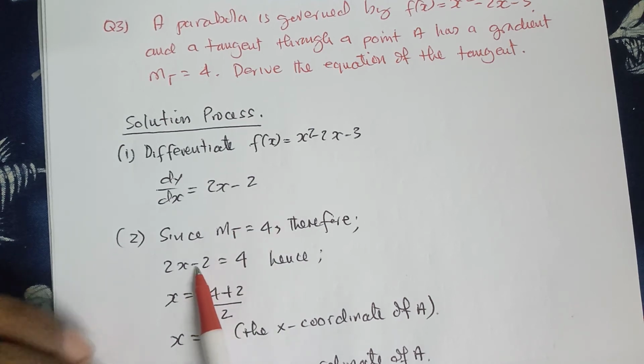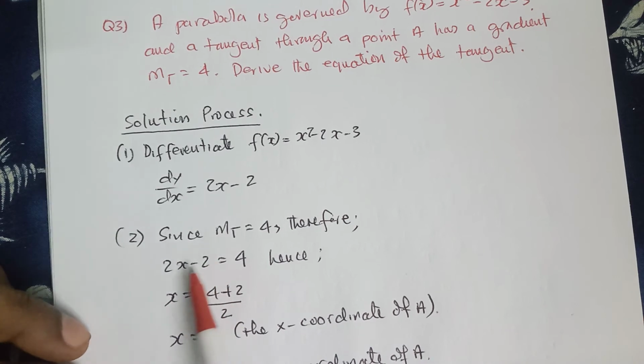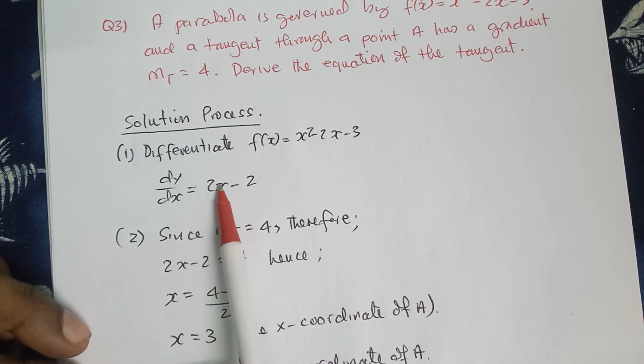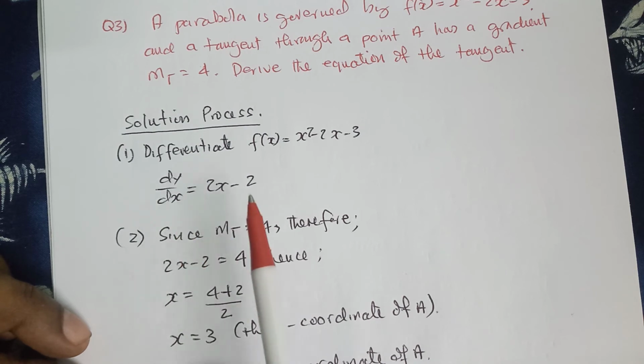And since our slope is 4, we equate the gradient function: 2x minus 2 = 4. Hence, making x the subject, we end up having x = 3. And x is the x coordinate of point A that, when substituted into the gradient function, gives us a slope of 4. And that slope is the slope of the tangent line.